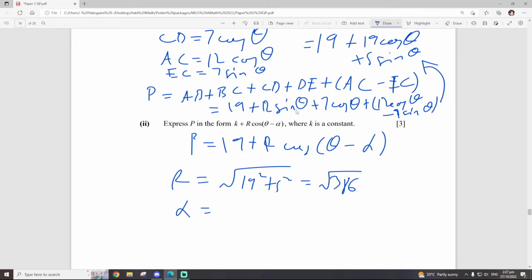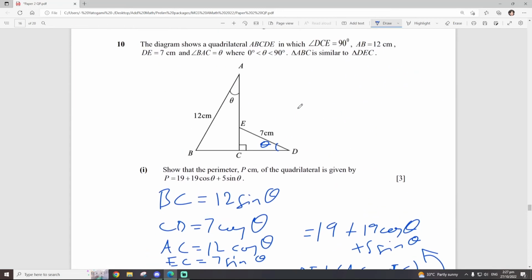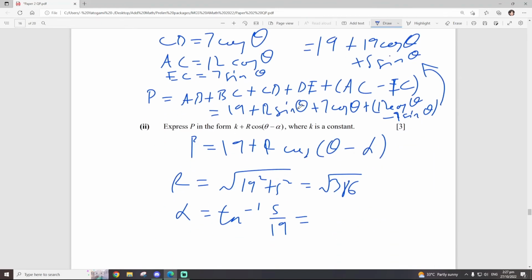Then alpha is tangent inverse of 5 over 19, which you can write in degrees.